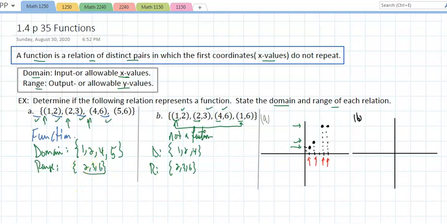If I was to plot the second piece, 1, 2, 2, 3, 4, and 1, 6.